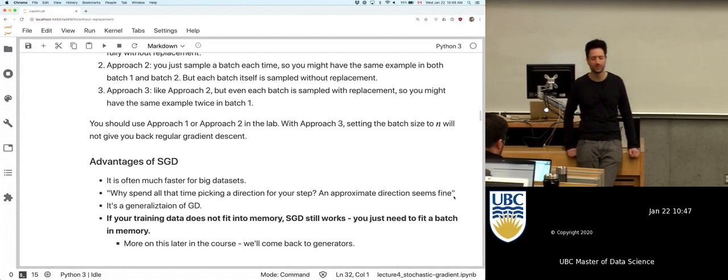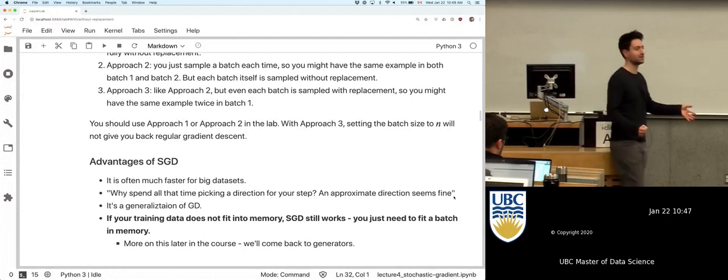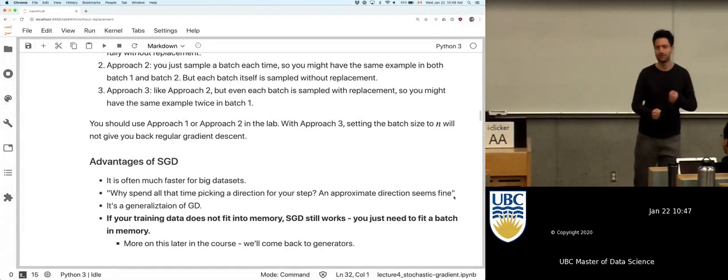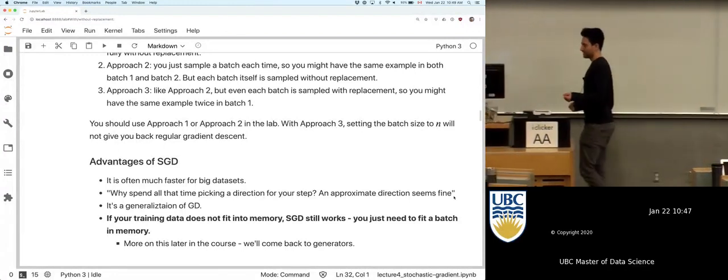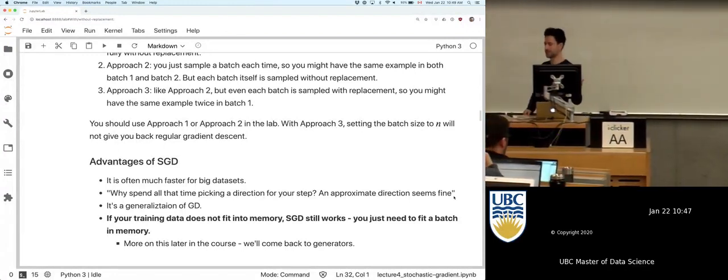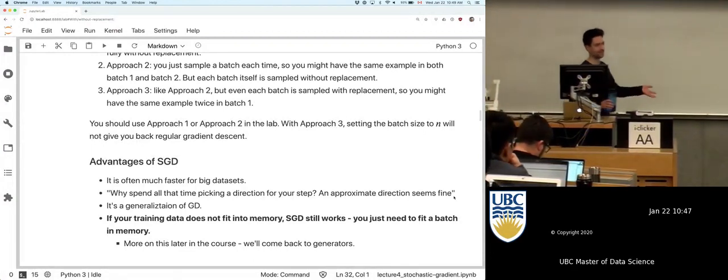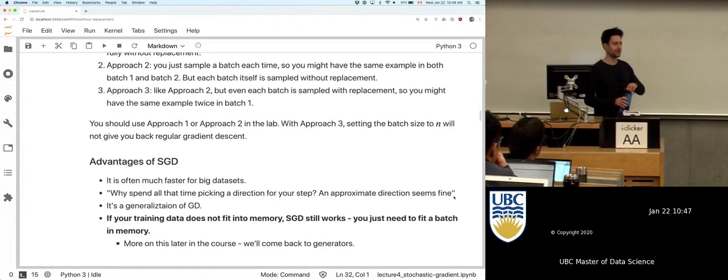It's probably doing even more work per iteration than gradient descent and getting even better iterations. But I just wanted to point out, you're not exactly comparing with gradient descent in the lab, but you're comparing with something that uses all the data, and that's really the main point I'm trying to make. Questions?